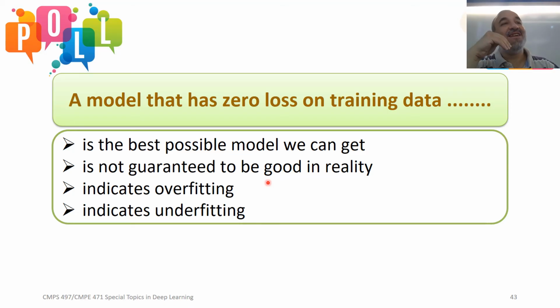By the way, if we have good performance on training and good performance on test, does that mean that it will work very well in reality? It's not guaranteed either, because maybe the test set is not chosen well. Maybe the test set was chosen to be easy examples. It's like an exam.